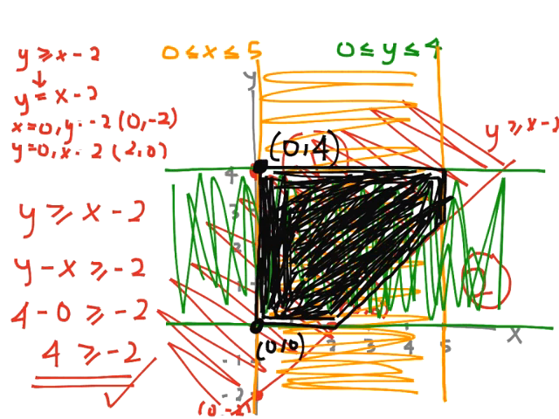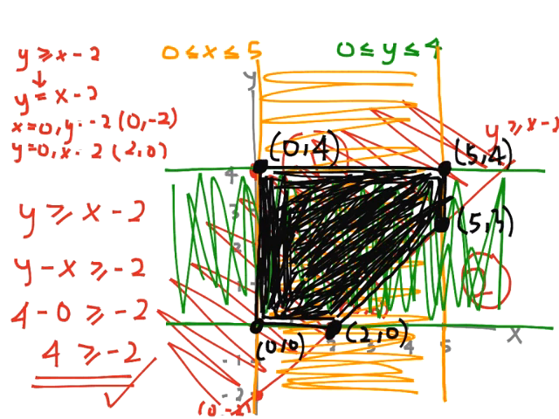Then the third corner point is here, given as (2, 0). Then the fourth corner point is here, which is (5, 3). And the last corner point is here, given as (5, 4).